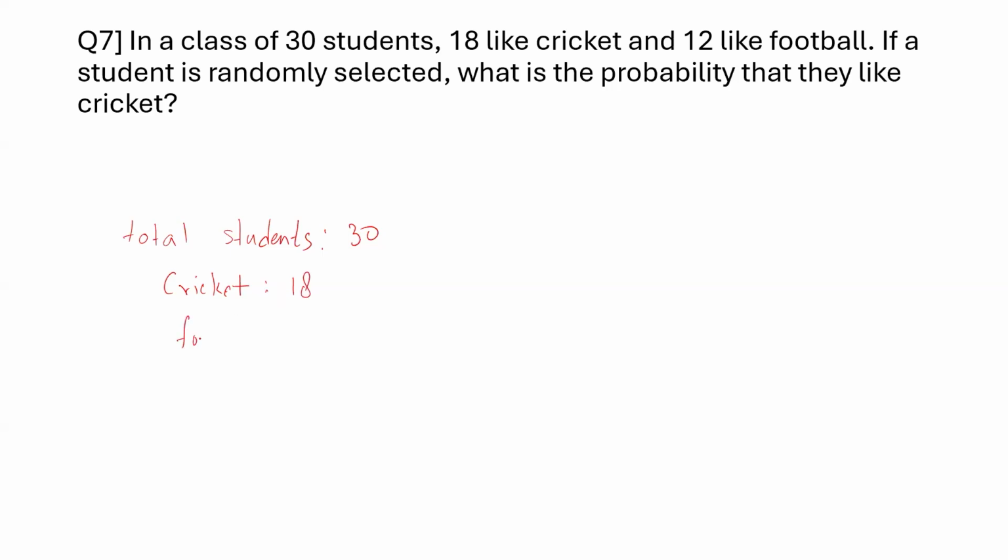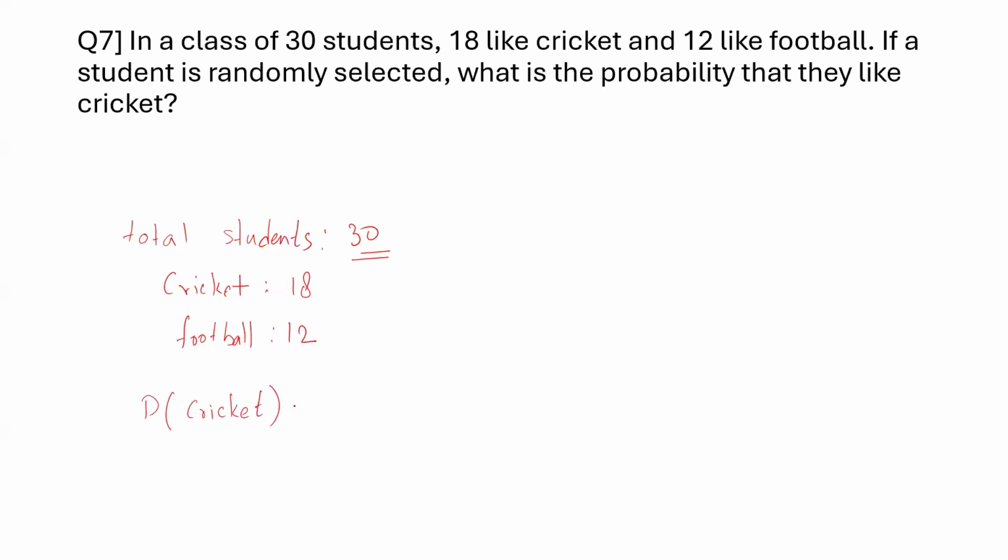How many like football? 12. Now, let's see. If a student is randomly selected, what is the probability that they like cricket? Okay. So, out of 30 students, you are picking just one student and you are interested in whether that picked student likes cricket.